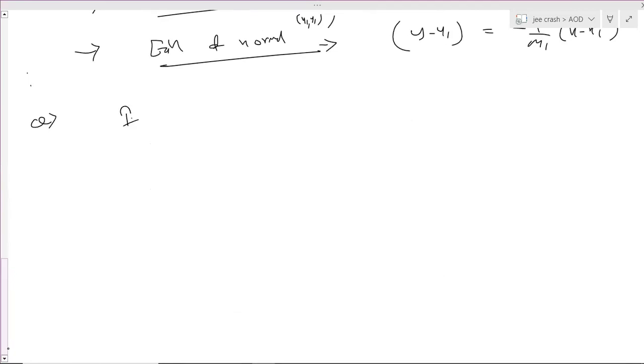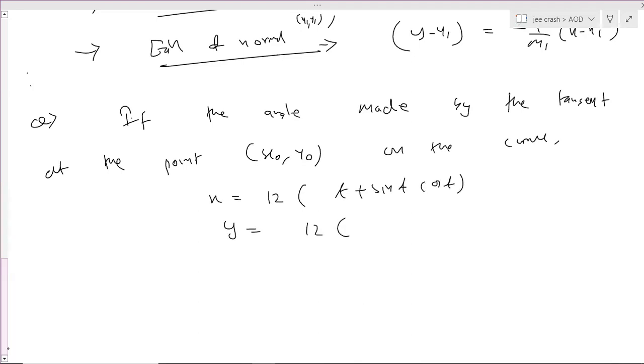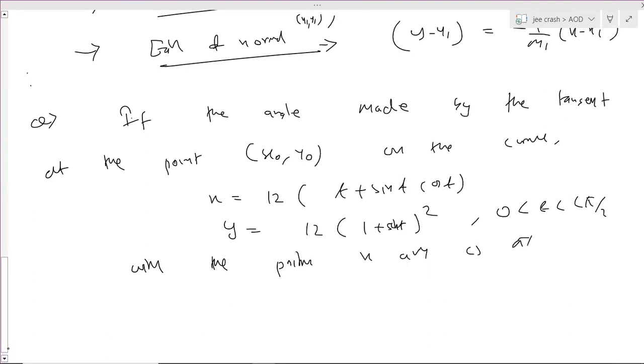All right. If the angle made by the tangent at the point x0, y0 on the curve x equals 12 t plus sin t cos t and y equals 12 times (1 plus sin t) whole square, 0 is less than t is less than pi by 2, with the positive x-axis is pi by 3, then y0 is equal to.